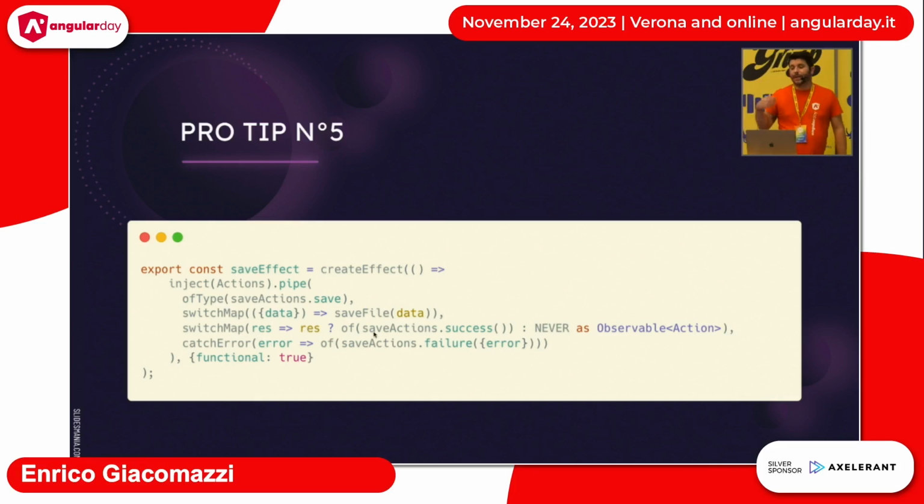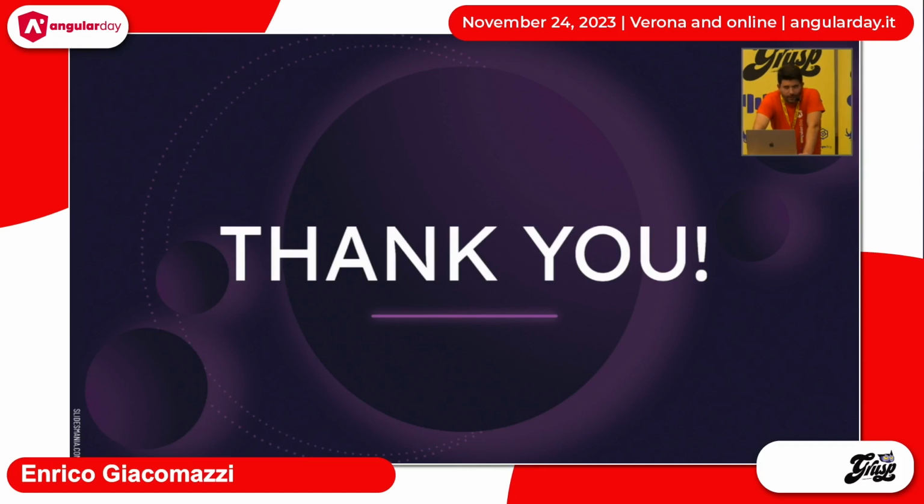I return a success action, for example showing a toaster, a pop-up saying okay, I saved the file. If the user cancels the saving, I return never. Then, if something goes wrong, for example our PC disk is full, which throws an error, the observable throws an error, and then I return a failure action.